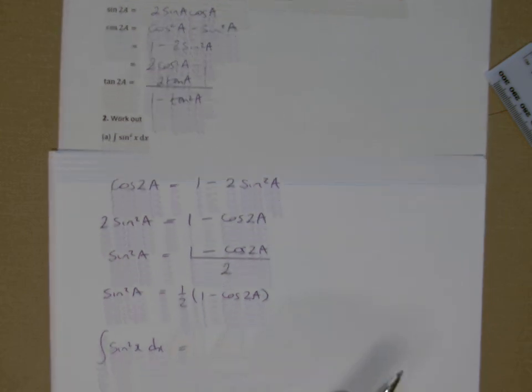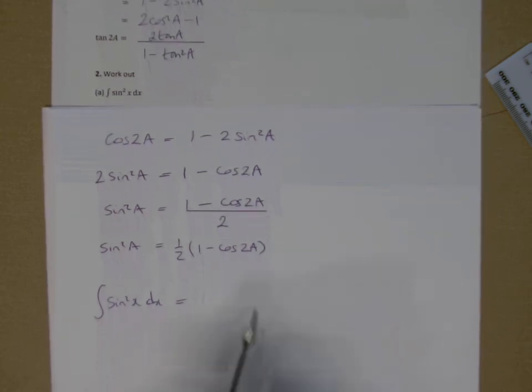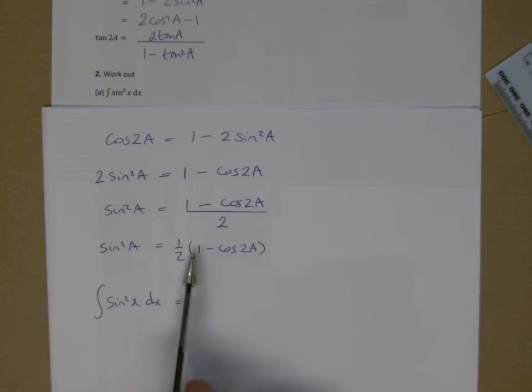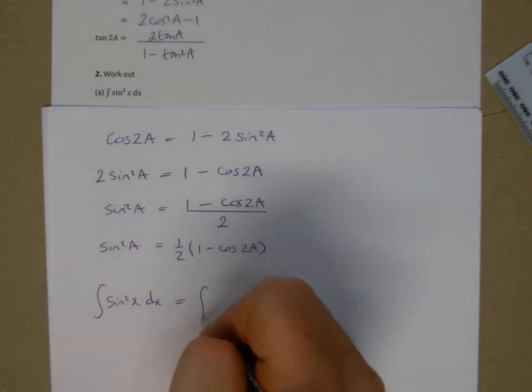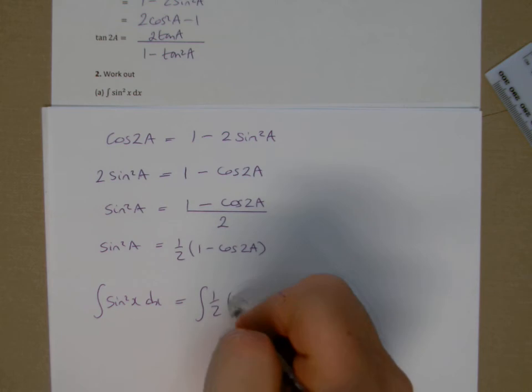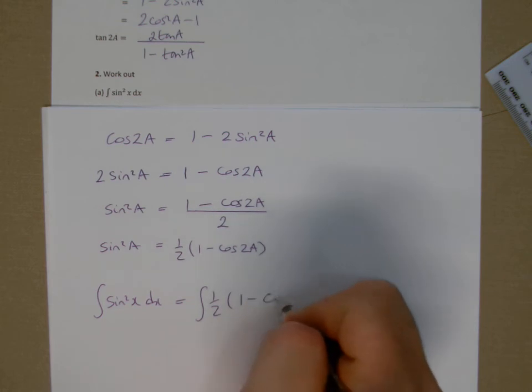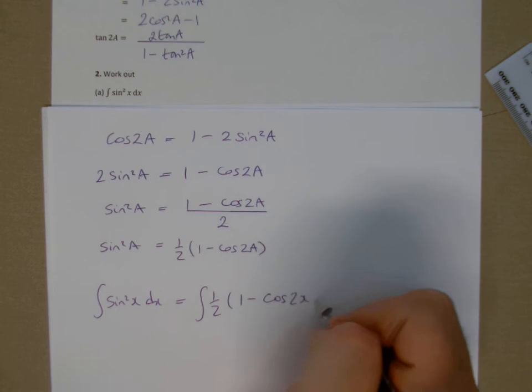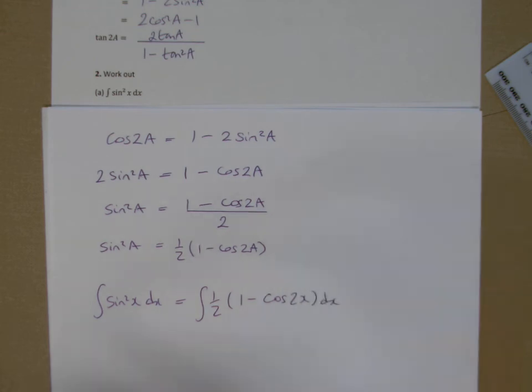We can just replace it with what we've got here. So we'll say integral of 1/2 bracket 1 minus cos 2x, and of course now I'll write it in terms of x. So instead of having to integrate this, we'll just integrate this.